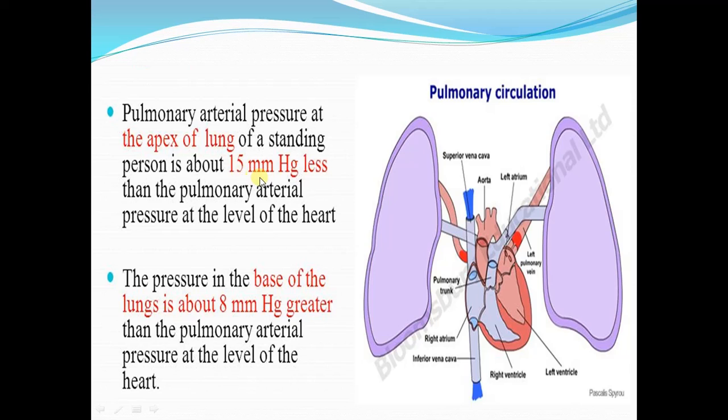It is 15 mm of mercury less. And at the base or the lower part of the lung, the blood pressure is greater than the pressure at the level of the heart. And how much greater? It is 8 mm of mercury greater. And this difference is because of the hydrostatic pressure which is affected by gravity.